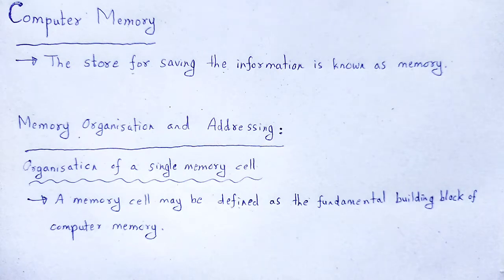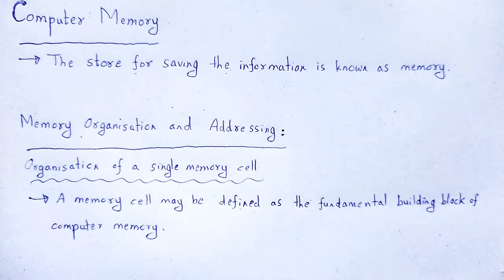Computer memory. A computer system needs a store for the processing of the versatile assignments that are imposed on the computer by the users. Therefore, a store is required to keep bulk of programs and data.